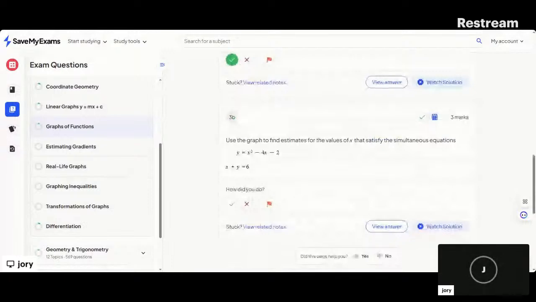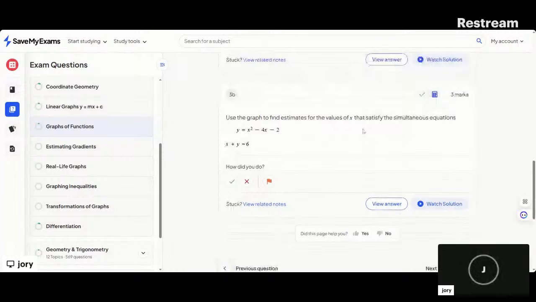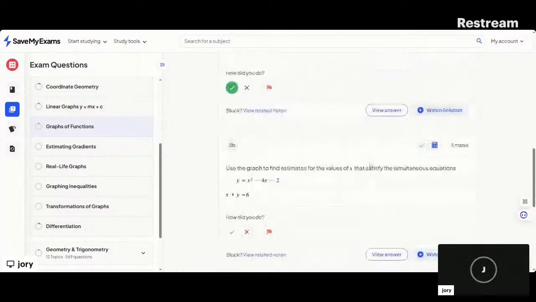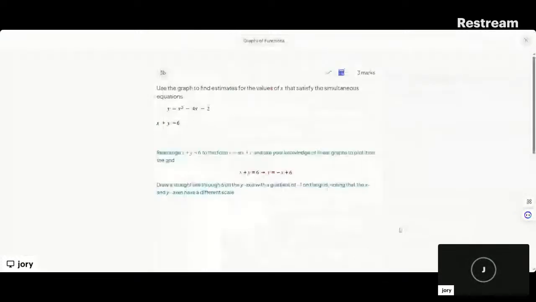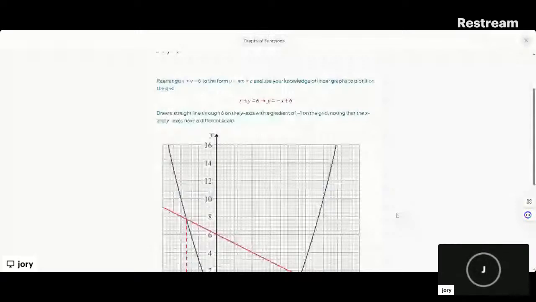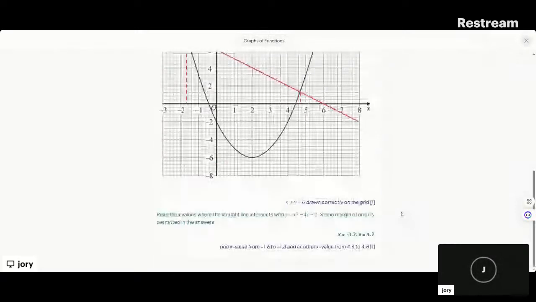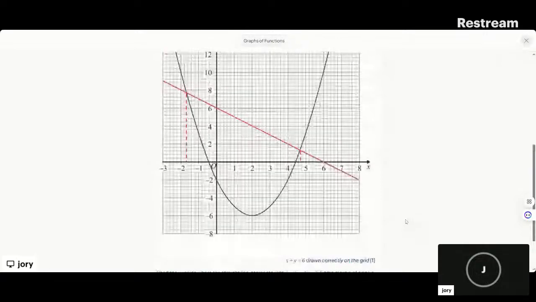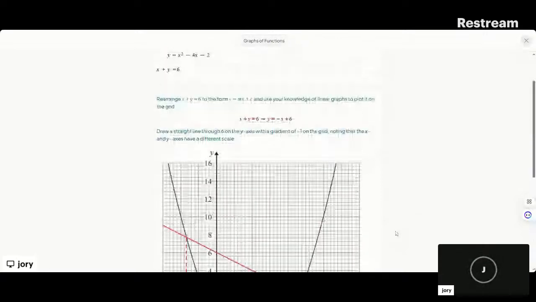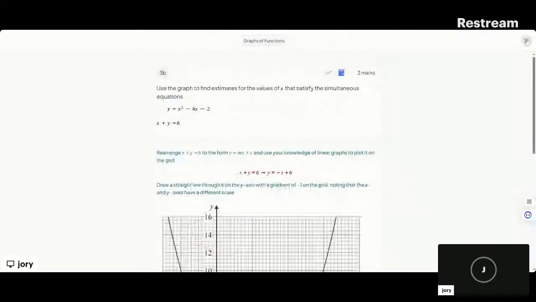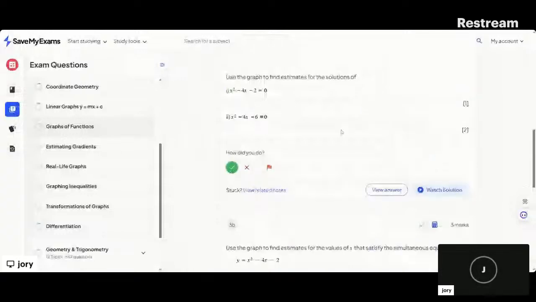Wait, use the graphs. I'm gonna have to graph y equals 6 minus x. Right, I'm gonna have to graph it. Because here's the graph, and then you write down the 2 points. I don't want to graph right now.